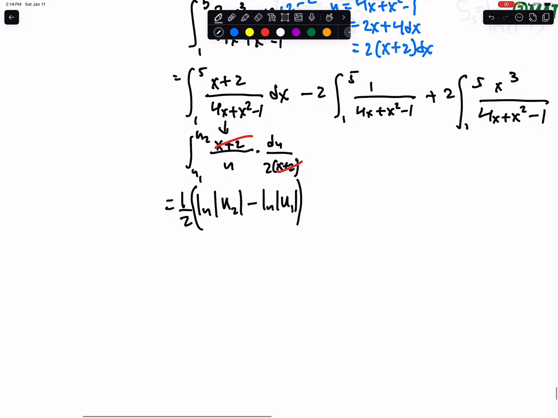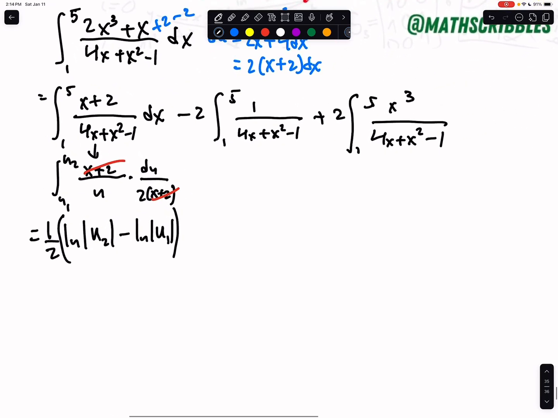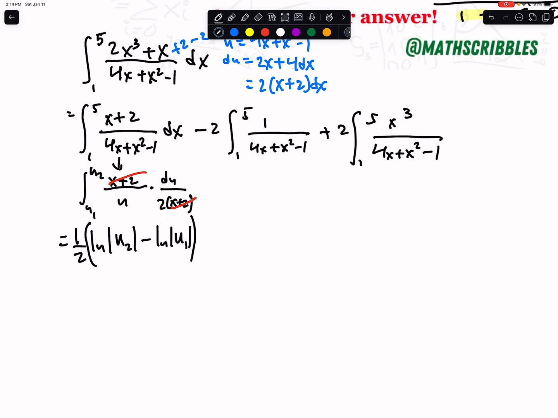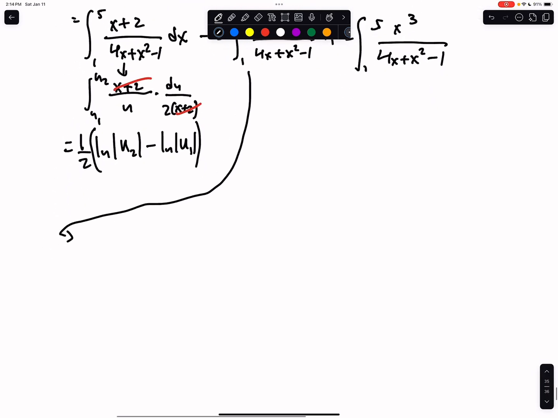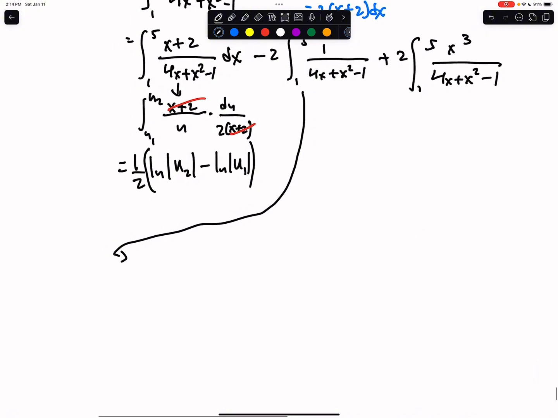So now with this right here, this is going to be a little tedious. So I'm going to move this out here. I'm going to first complete the square in the denominator.